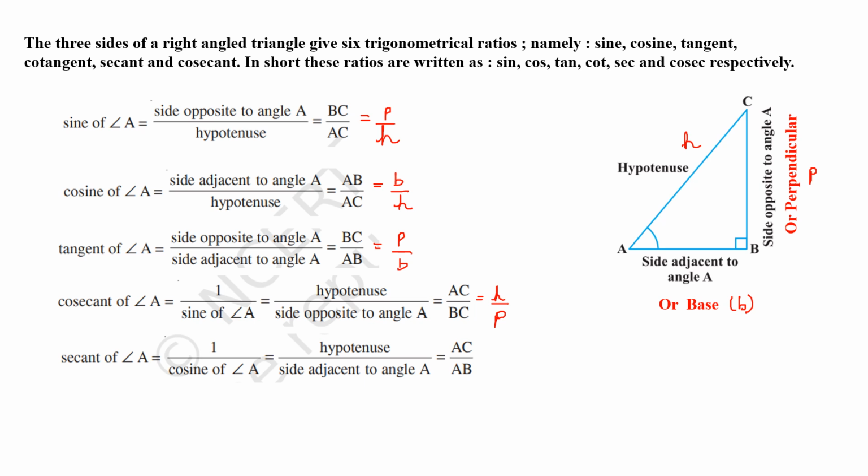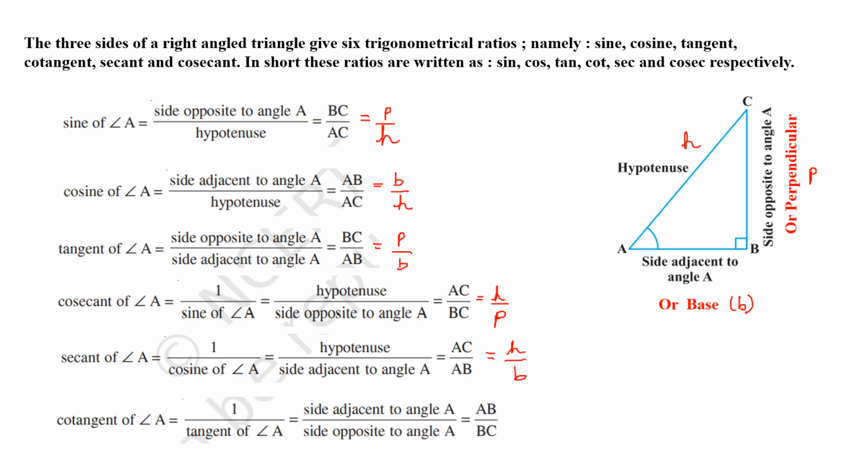Secant is the reciprocal of cosine. So it will be hypotenuse by side adjacent to angle A, which can be further written as H by B. In the same way, cotangent is the reciprocal of tangent. So it will be side adjacent to angle A by side opposite to angle A, which will be written as B by P, base by perpendicular.